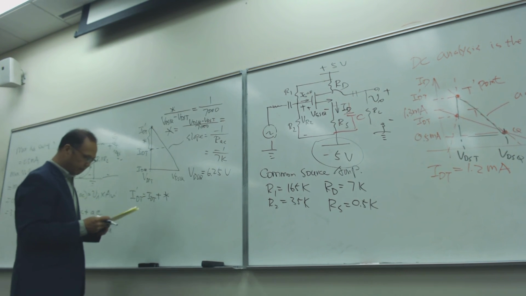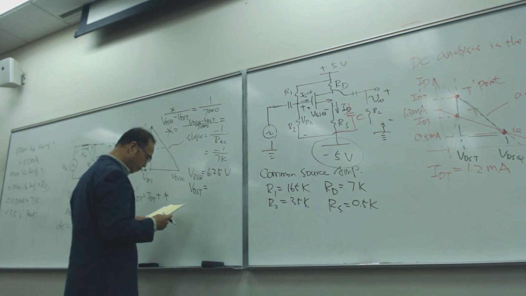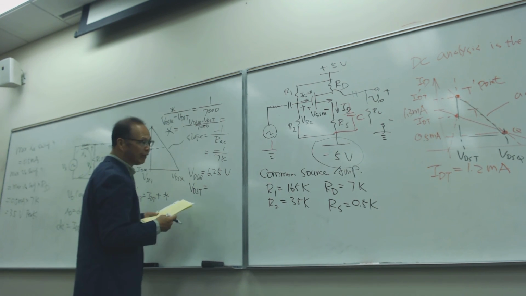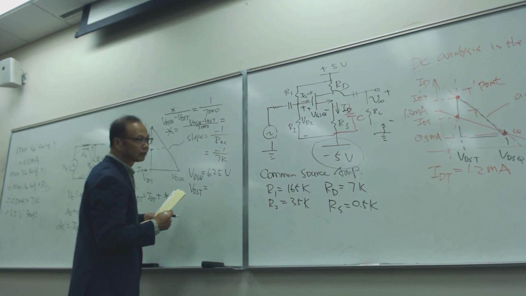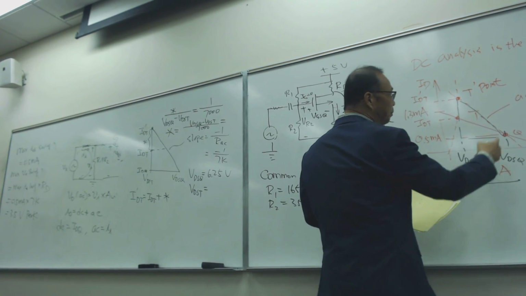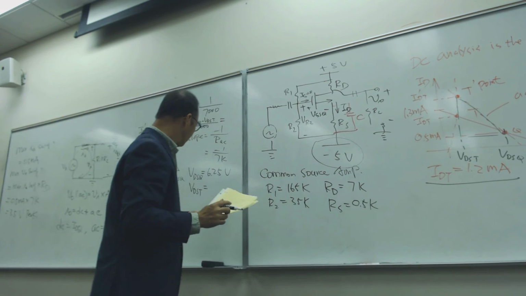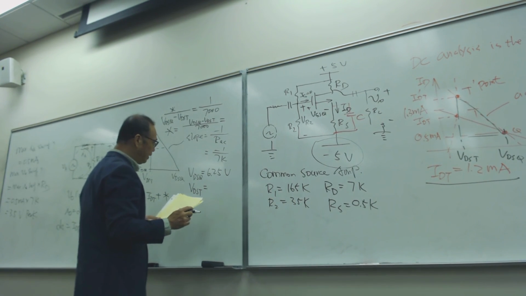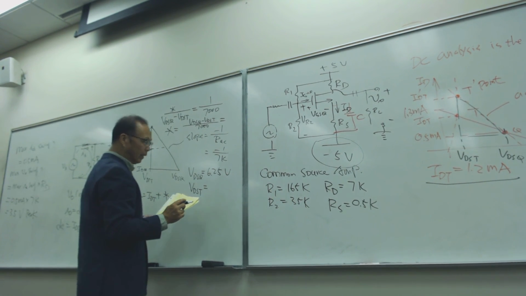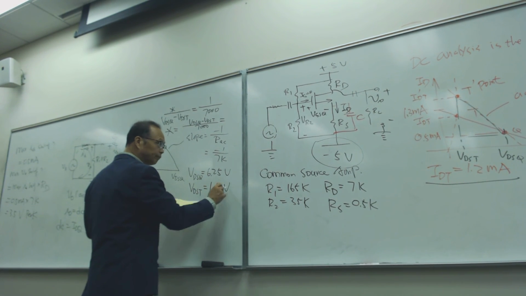In the VDST, by the way, did I give you the value of that? Then you can put that back in and find out what is VDST. According to my notes, VDST is about 1.5 volts.